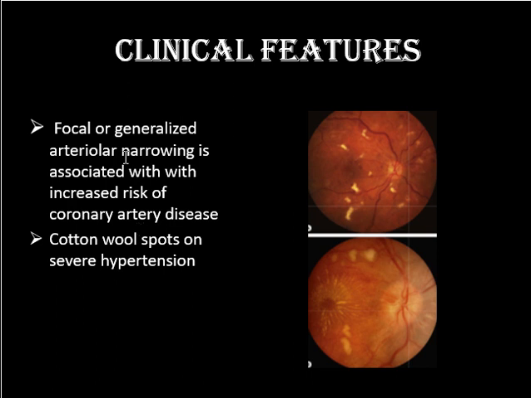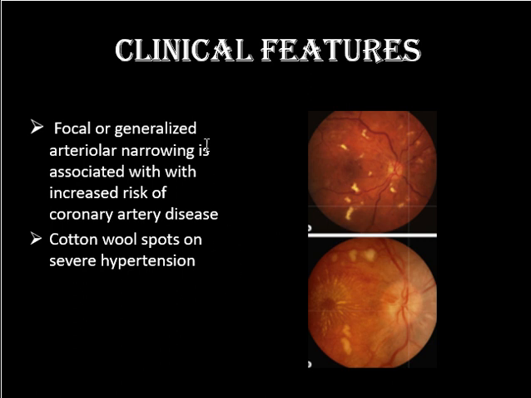As I told you earlier, generalized and focal arteriolar narrowing is associated with increased risk of coronary artery disease. So by diagnosing this kind of retinal feature, you are sometimes the one who is going to refer the patient to the internist for the management of hypertension.